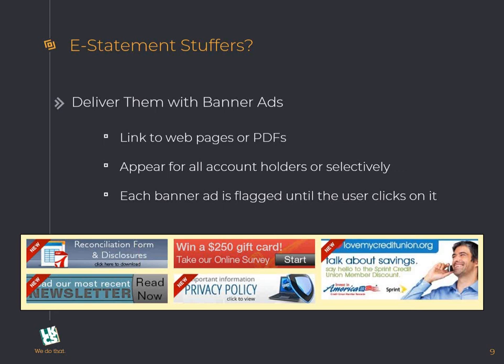But not every e-statement user has to see the same combination of banner ads. And each banner ad can even be flagged with that little new flag that you're seeing, for example, until they click on it. So we can attract attention to different banner ads potentially.